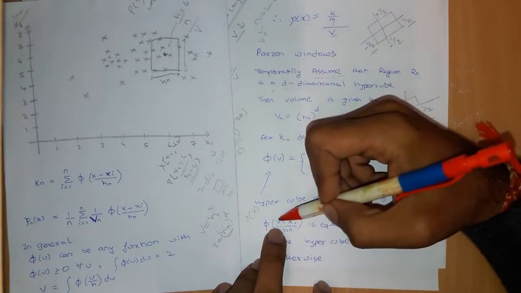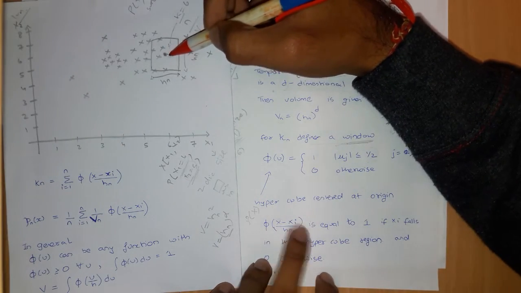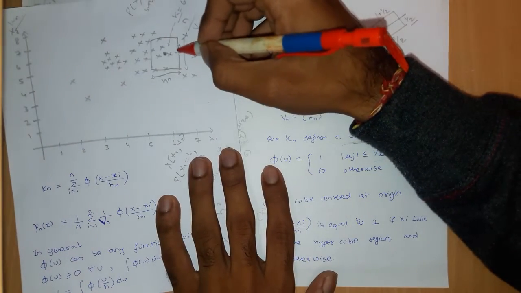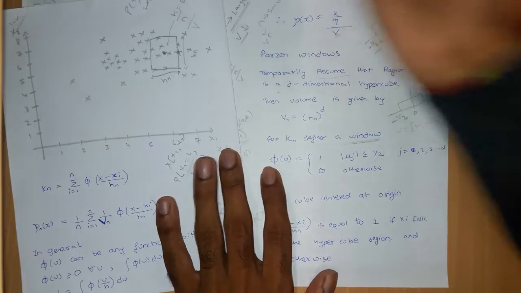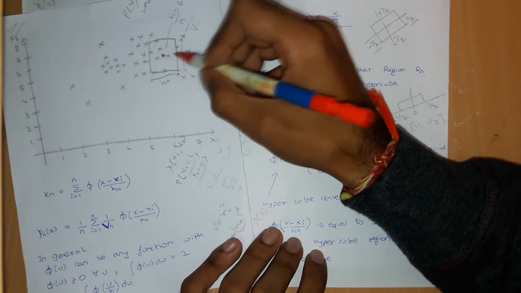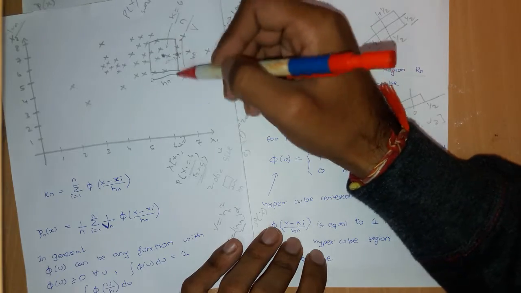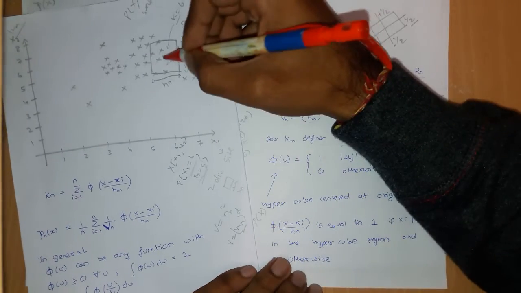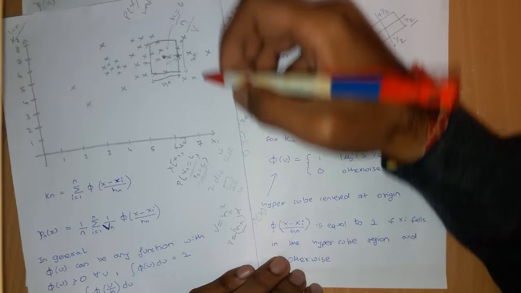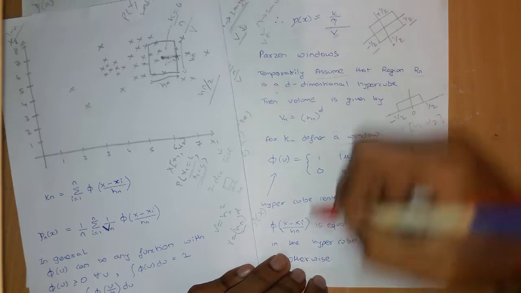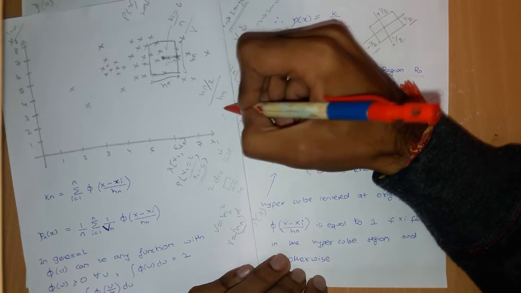So suppose there is this x minus xi upon hn, so I can take it like this. If a sample is on this window, so this much is the distance, which is on the border of the region. Then this distance will be nothing but hn by 2 upon hn, which will give you half.